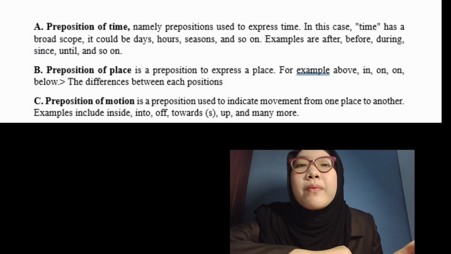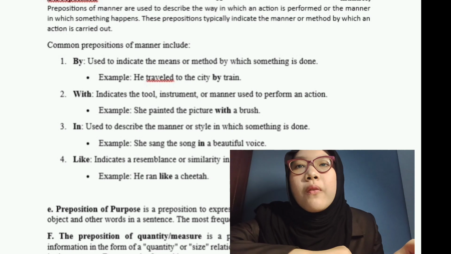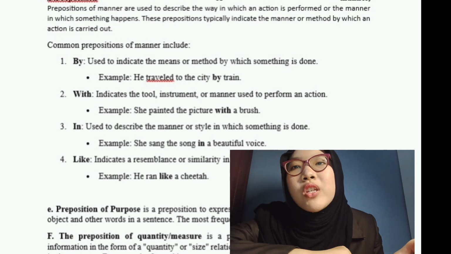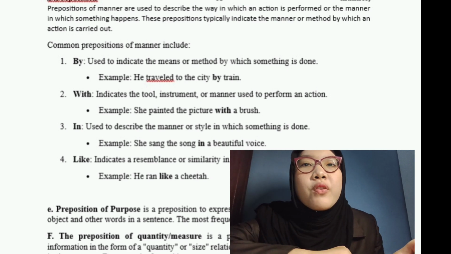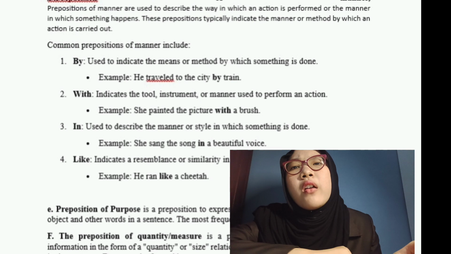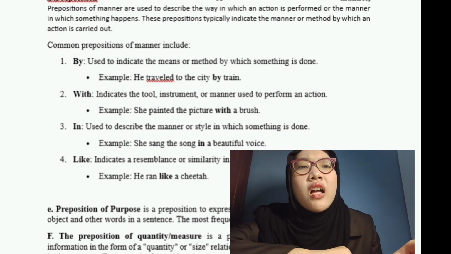The next one is about preposition of manner. Prepositions of manner are used to describe the way in which an action is performed or the manner in which something happened. This preposition type typically indicates the method by which an action is carried out. Such as, he traveled to the city by train, or with: he painted the picture with a brush, or like: he ran like a cheetah.